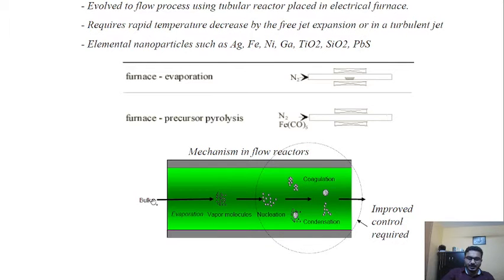Here we are having a bulk which is getting evaporated and it gets converted into vapor molecules. Then the next process is nucleation. After that we have coagulation as well as condensation, and this is the region where improved control is required.